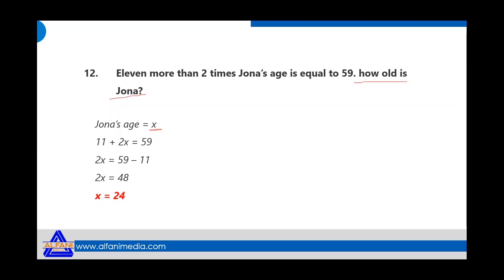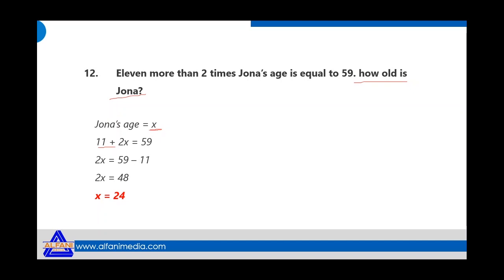Now the statement said 11 more than 2 times Jonah's age is equal to 59. 11 more than means it should be increased. So 11 more than something, that is 2 times Jonah's age, and I know Jonah's age is x. So 2 times x.